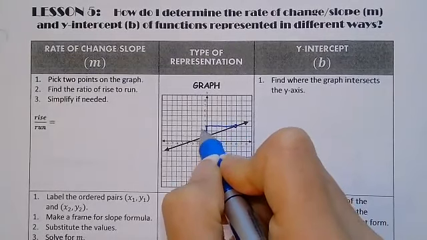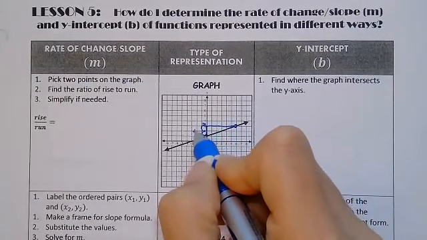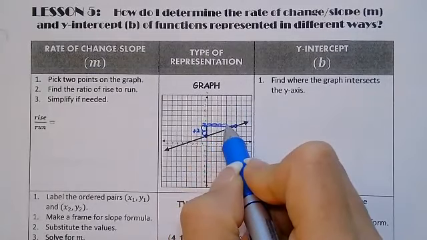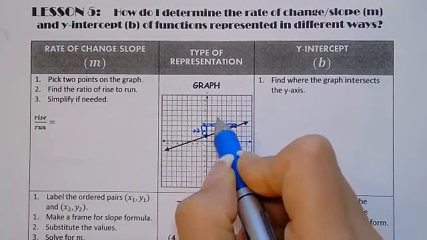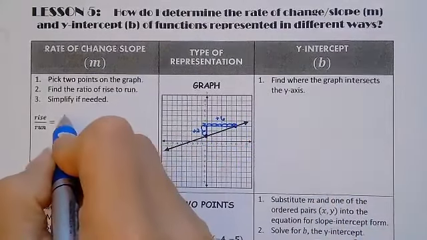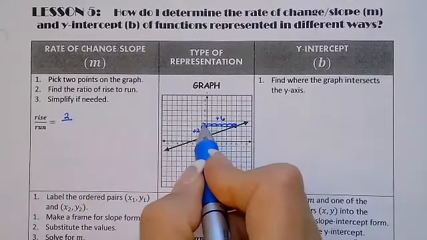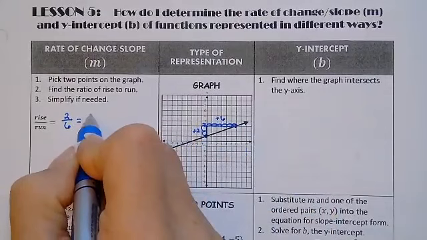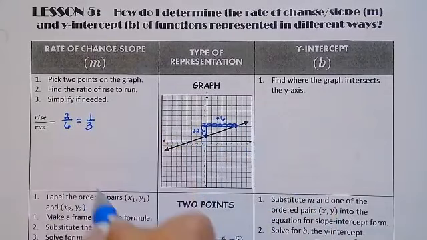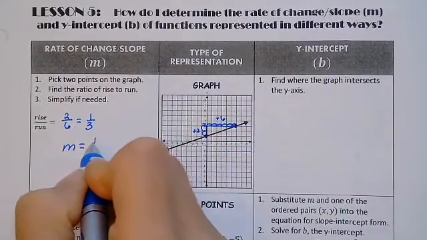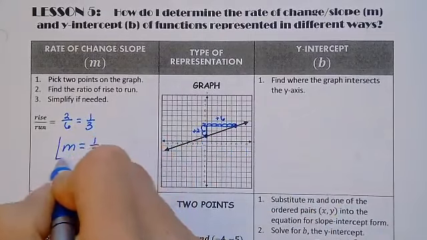I would go up 2, and I would go over 1, 2, 3, 4, 5, 6. So my rise is 2, and my run is 6. If I simplify that, I get 1/3. So that means that my slope, m, is 1/3.